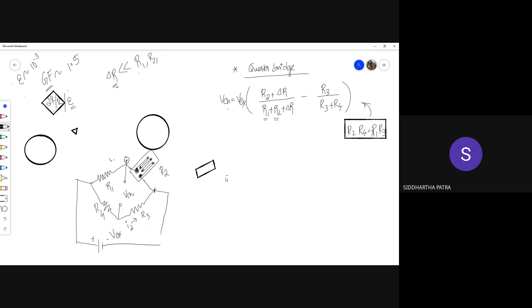So can you write down the expression for V change in this case? You can actually write delta R2 equals GF times epsilon times R2. We can substitute the expression for GF times epsilon times R2 in the end.